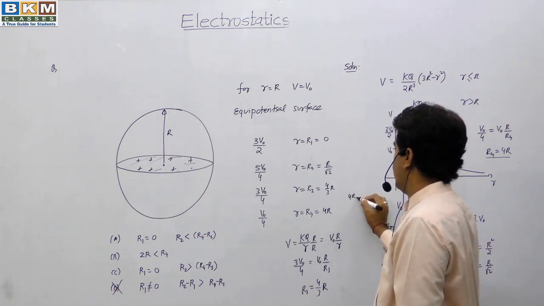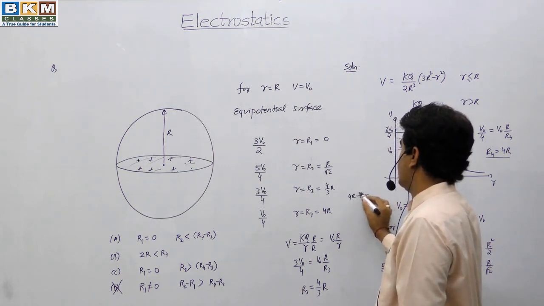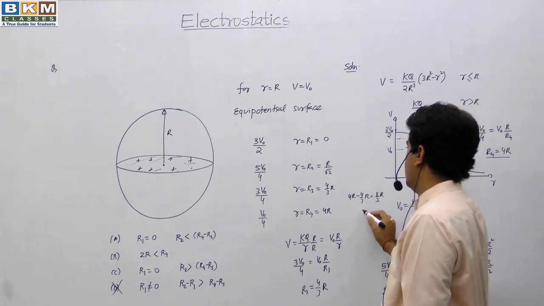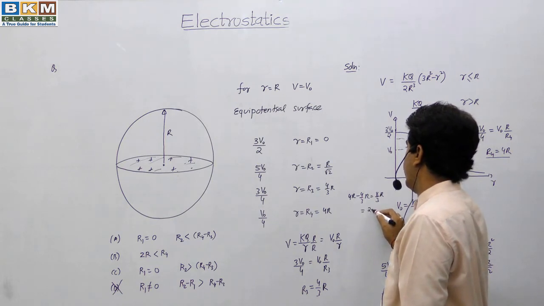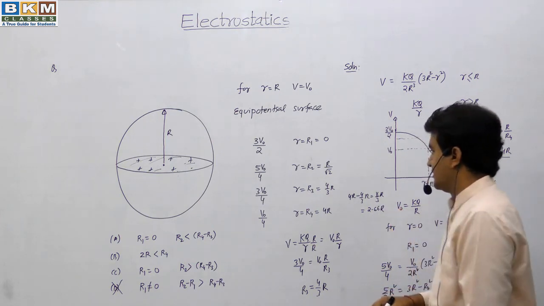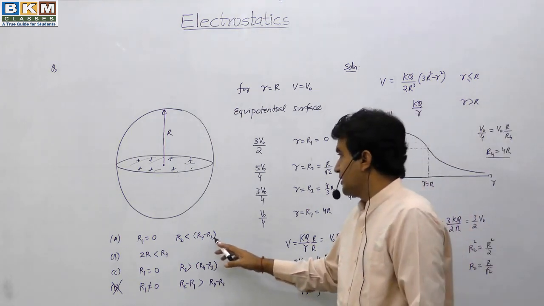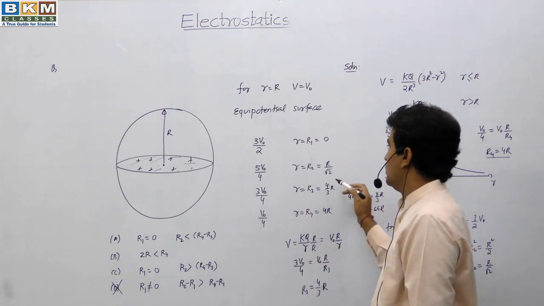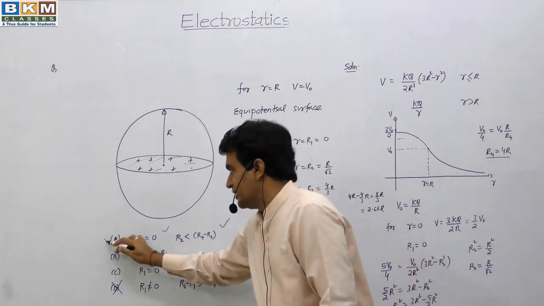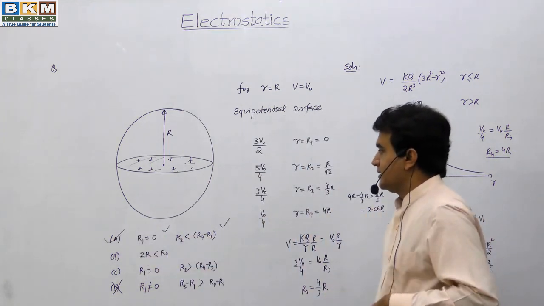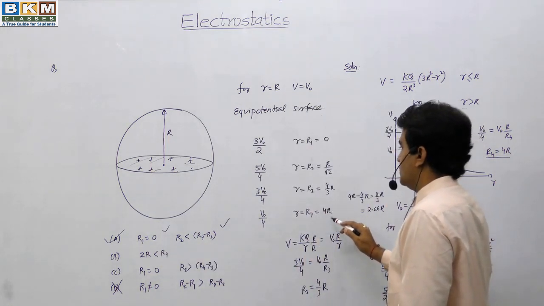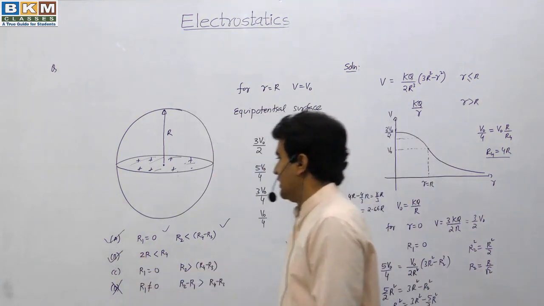So 4R minus 4 by 3 R becomes 12 minus 4, that is 8 by 3 R, which is around 2.66R. 2.66R is greater than R by root 2, which is less than R. So this is correct, and we can say statement A is correct. Now next is r4 is greater than 2R. We got r4 equal to 4R, which is also correct, so this expression is correct.